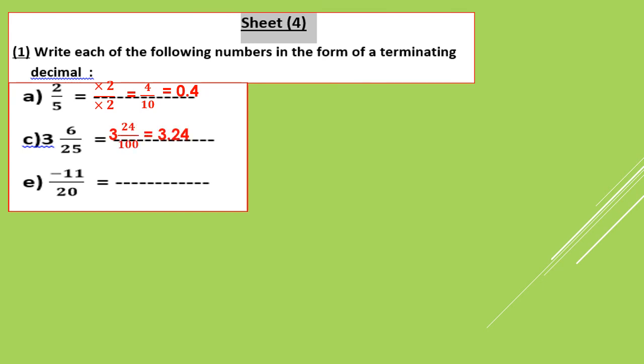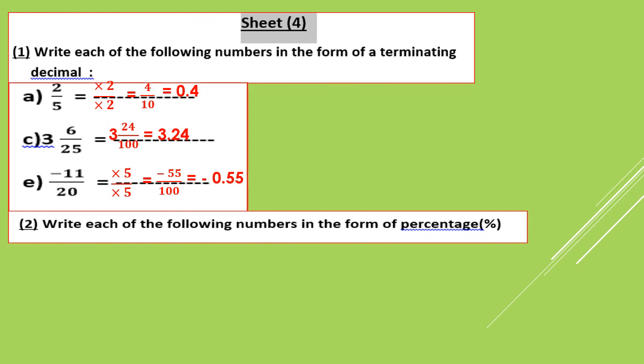So up and down it will be 324 over 100. It will be 3.24. Letter E, negative 11 over 20, the best friend of 20 equals 5. So it will be negative 55 over 100.